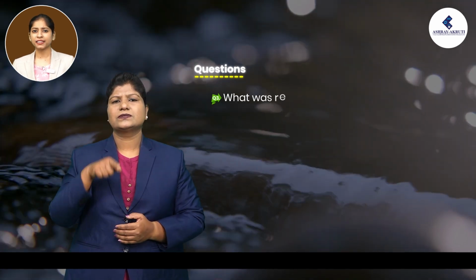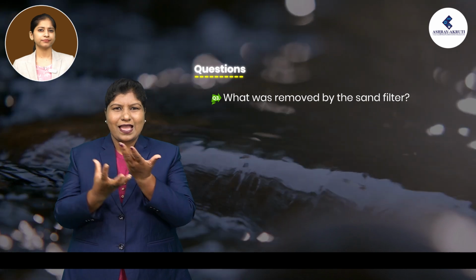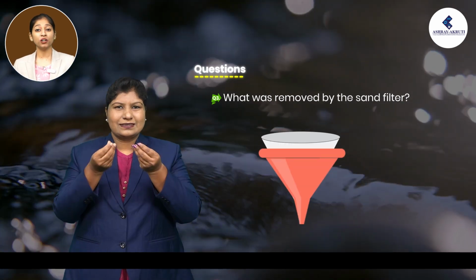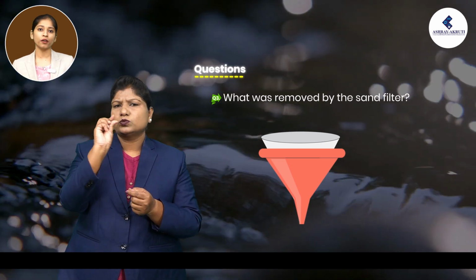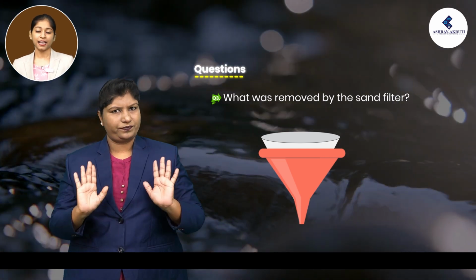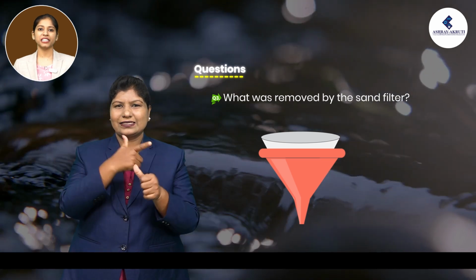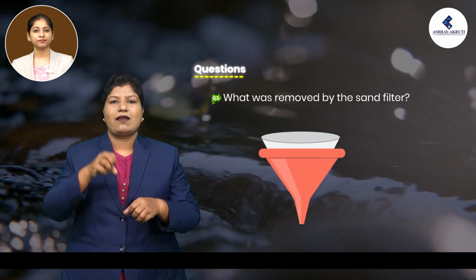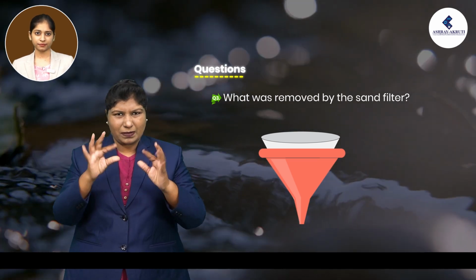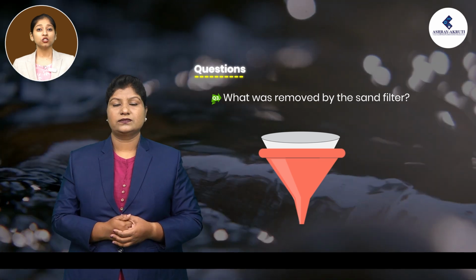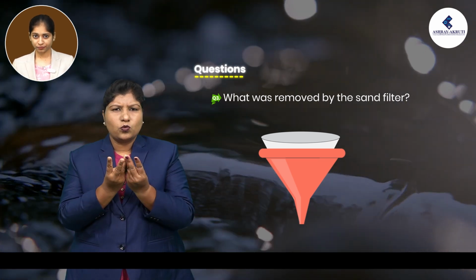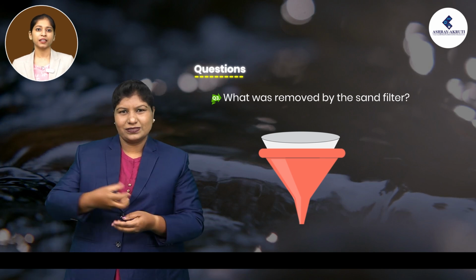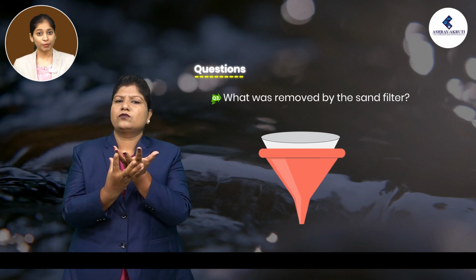What was removed by the sand filter? A sand filter can only filter solid particles from the water, like algae and organic material. Salts that do not dissolve in water, like salts that appear in fertilizers, can be filtered from the water by a sand filter.